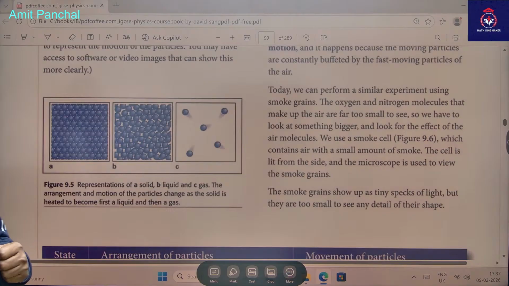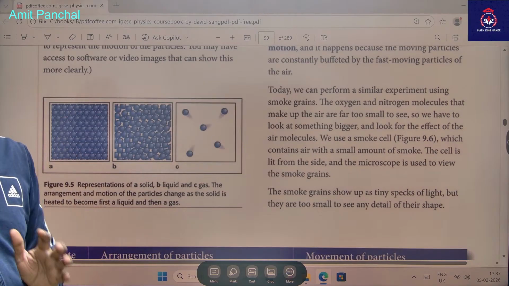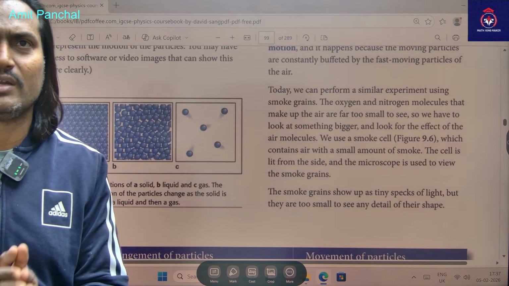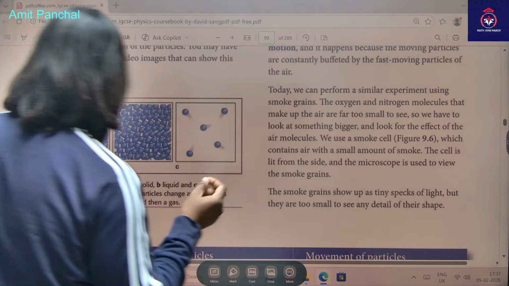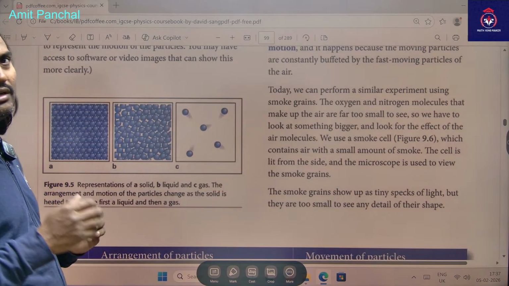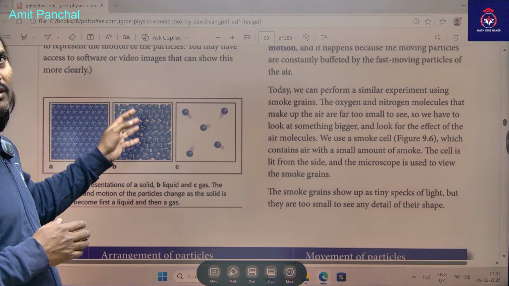In terms of space between particles, solids have a very small space in between particles. But in a liquid, there is more space in between particles.